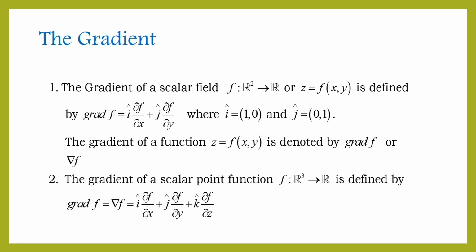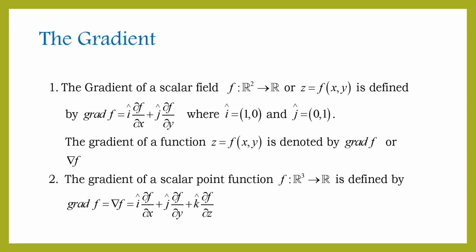Consider a function f from R2 to the real line R. This is a scalar field defined on the two-dimensional space R squared. Now, we have already seen that such a function has two partial derivatives, ∂/∂x and ∂/∂y.